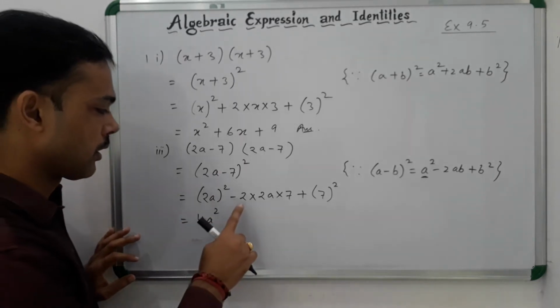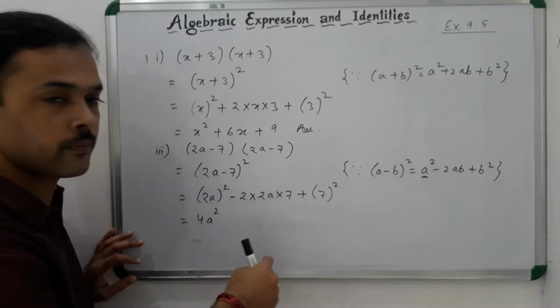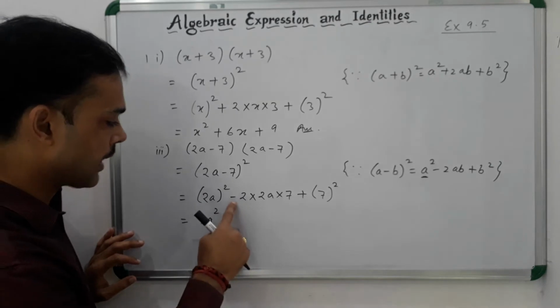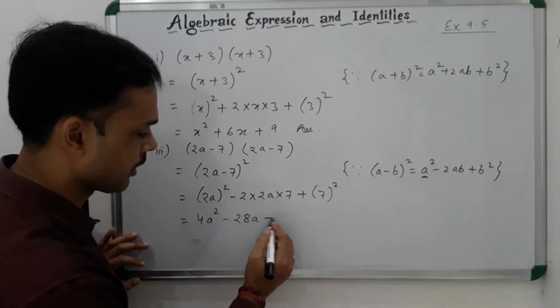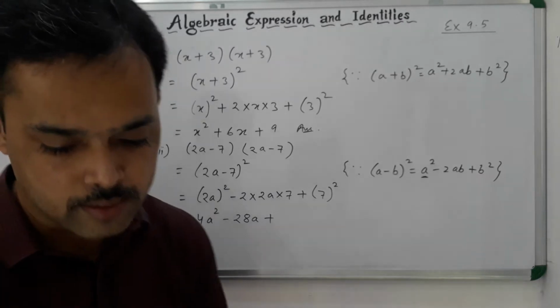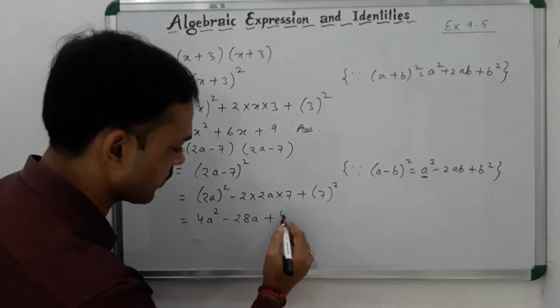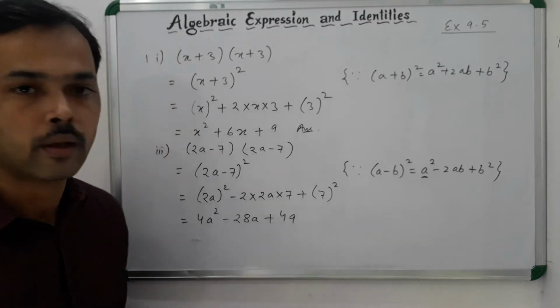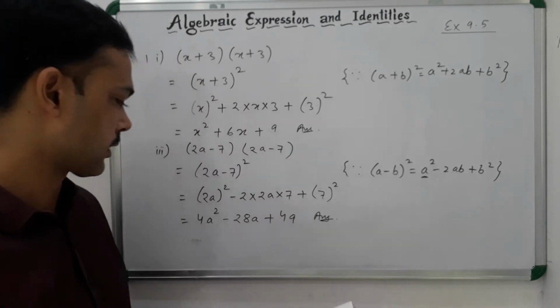Then 2 into 2 is 4, 4 into 7 is 28, and since it is minus, it is minus 28a, and you know that 7 into 7 is 49, so it will be 49 over here. In this way you get this as your answer.